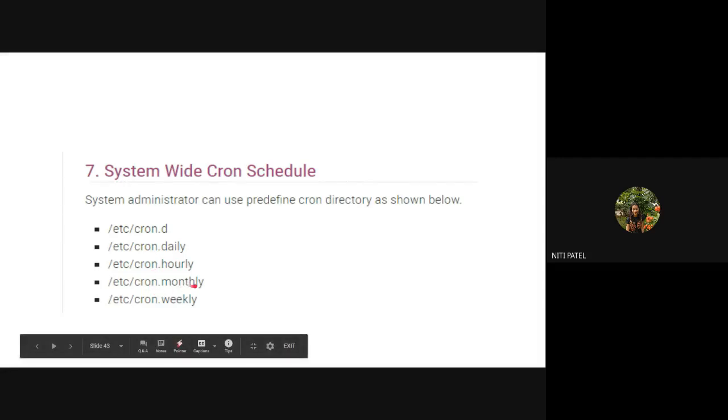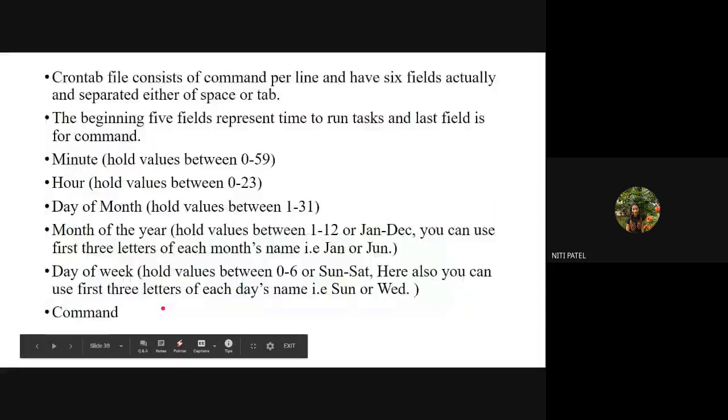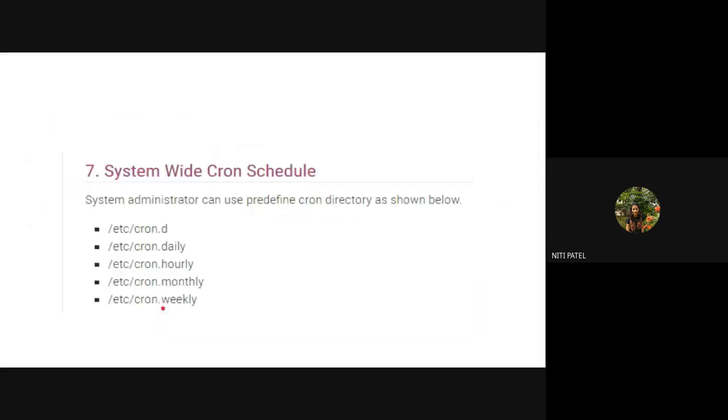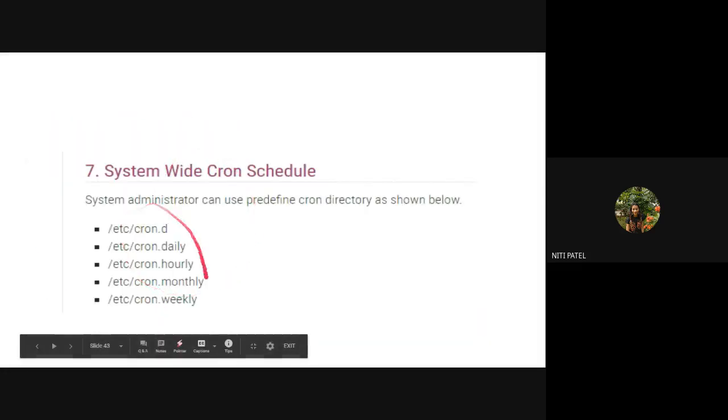If I write monthly, it will take it on any one day of the month. And if I write weekly, it will take it once in a week. So if I do not want to mention specifically कि कब चाहिए, I can also use any one of these. Okay, so when I use any one of these, what will happen? It will automatically take a backup either daily or hourly or monthly or weekly.